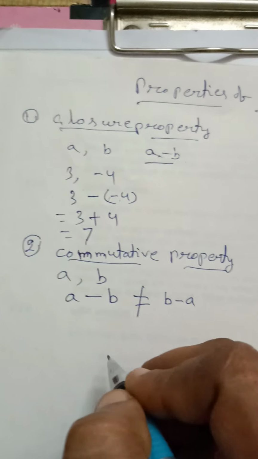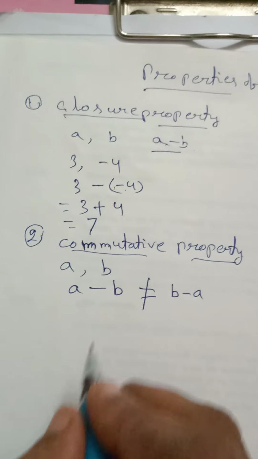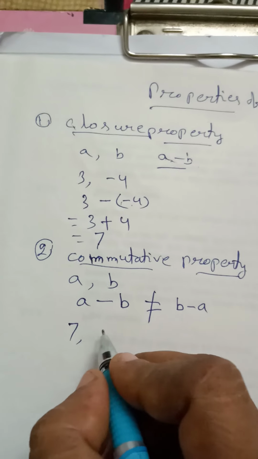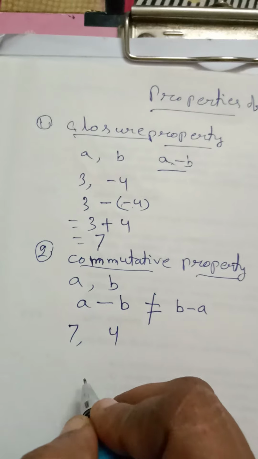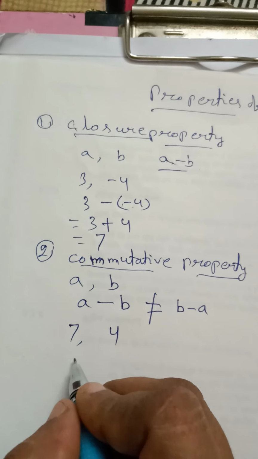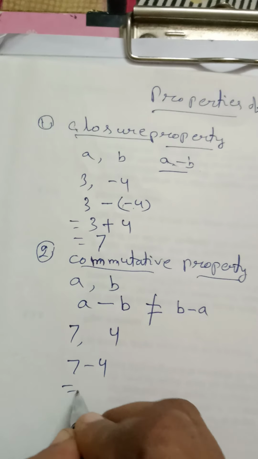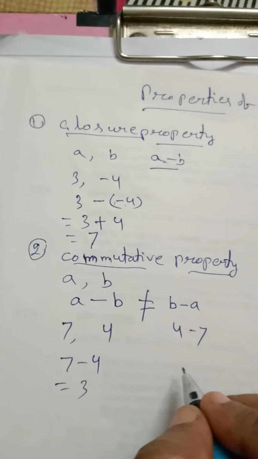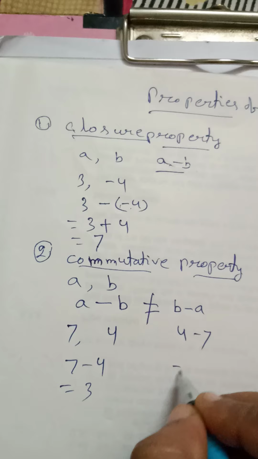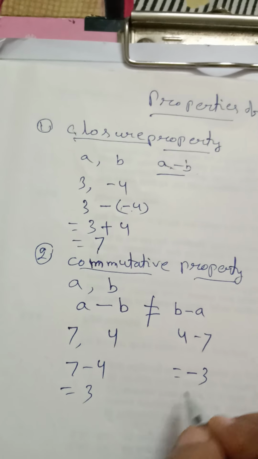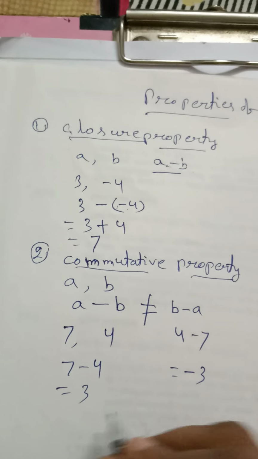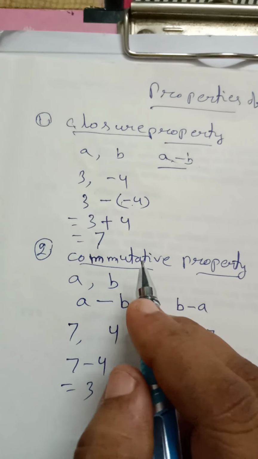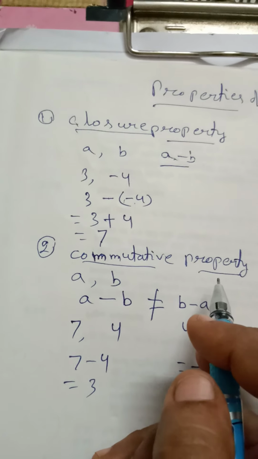They will not be equal. We will see the example. If a is 7, b is 4, a minus b, 7 minus 4, is equal to 3. b minus a means 4 minus 7, which is minus 3. Are they equal? No, they are not equal. It means subtraction does not satisfy the commutative property.